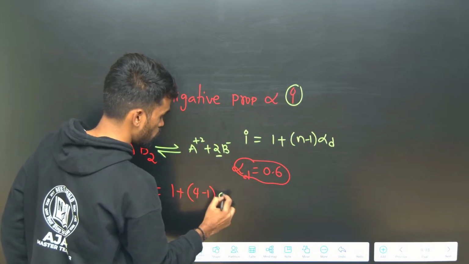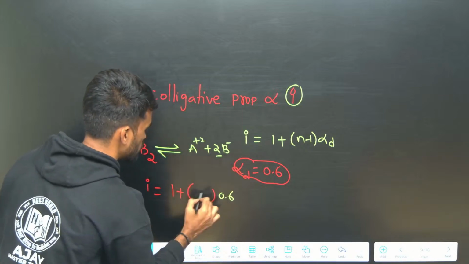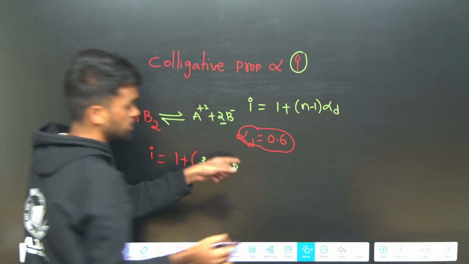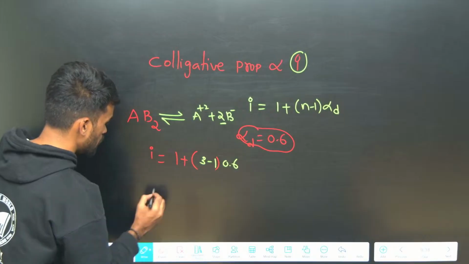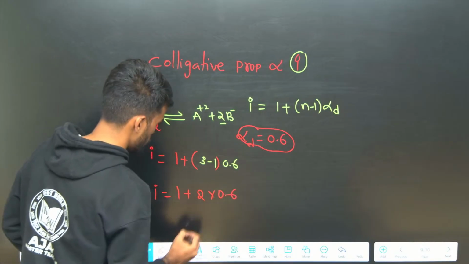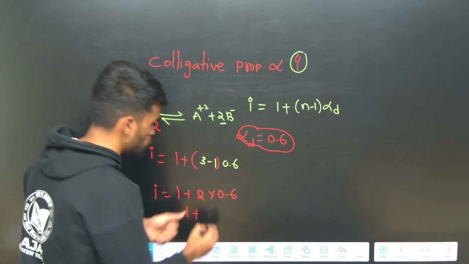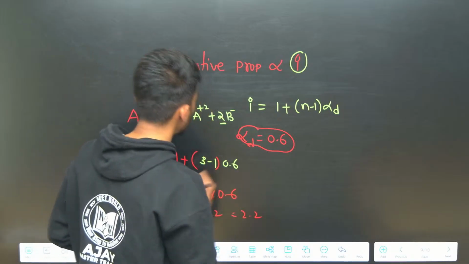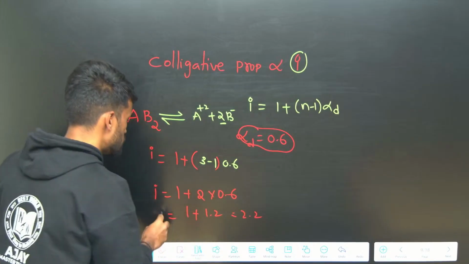After dissociation, how many ions do we have? 2 plus 1, so 3. So 3 minus 1, that is 2, into 0.6, which is 1.2. So 1 plus 1.2 gives 2.2. This will be the i value.